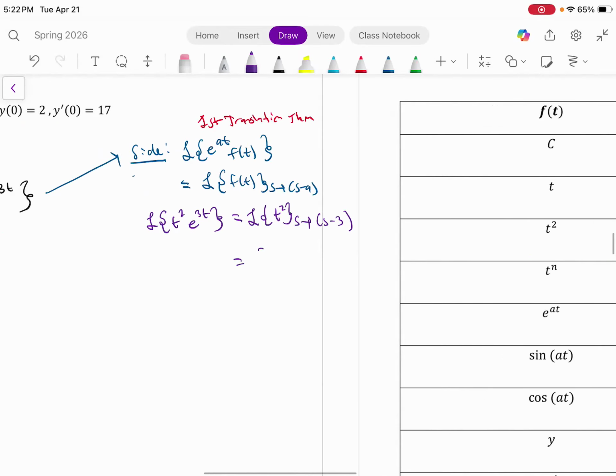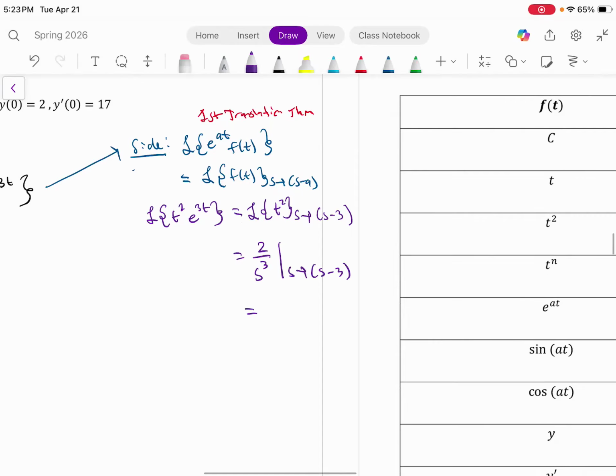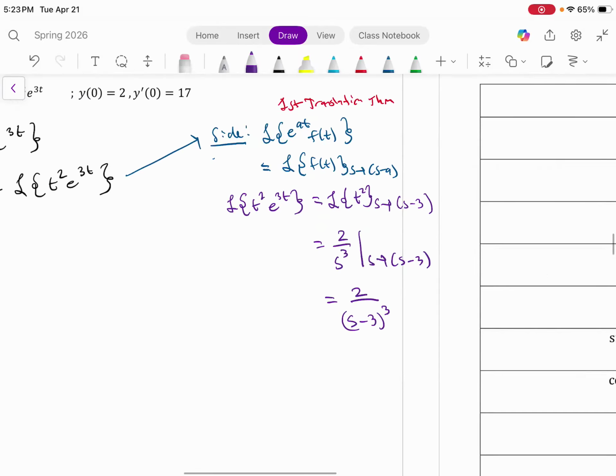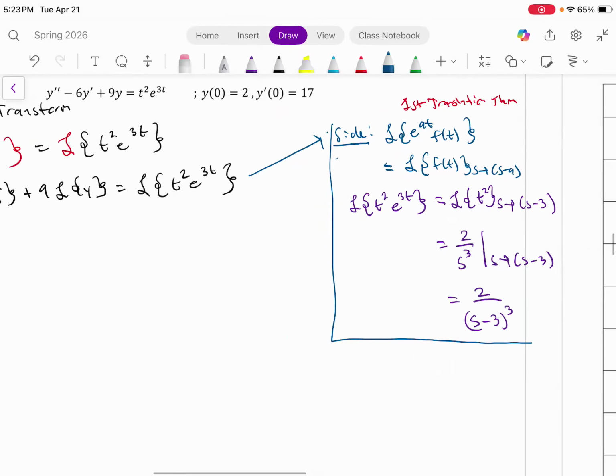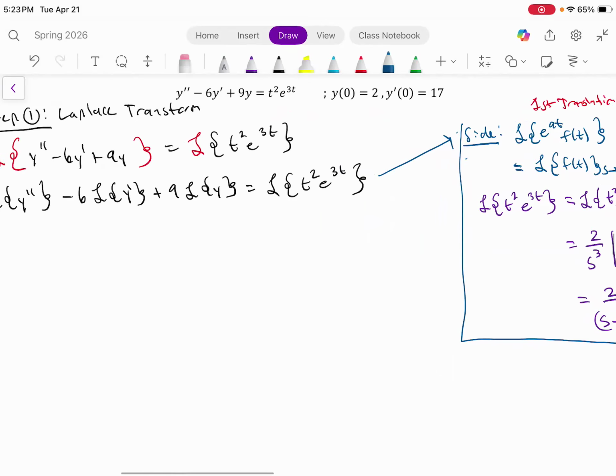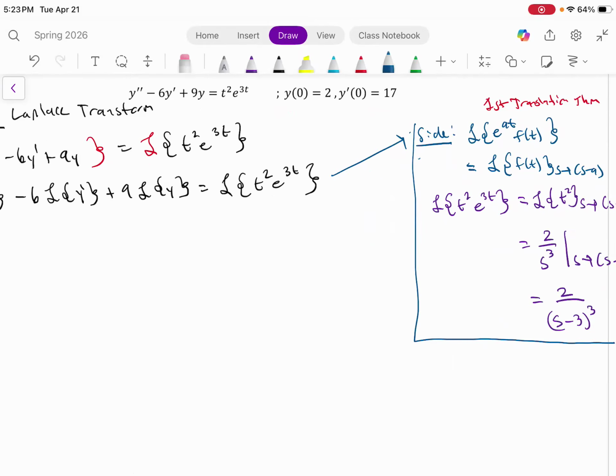So this is 2 over s cubed, and s is shifting 3 units to the right. So the Laplace would end up being s minus 3 cubed on the bottom. So that's where the first translation theorem comes into play for us. So it ends up being 2 over s minus 3 cubed. That's some side work.